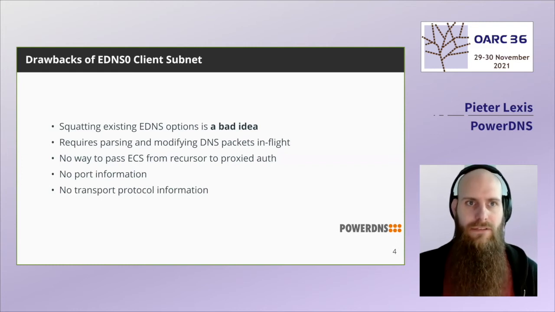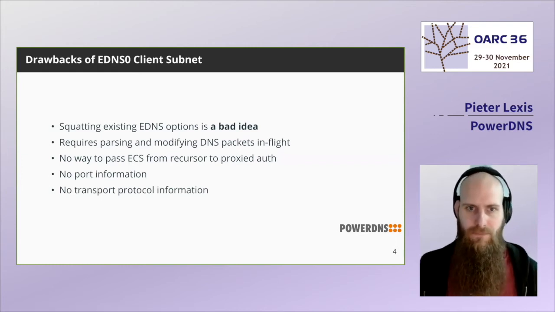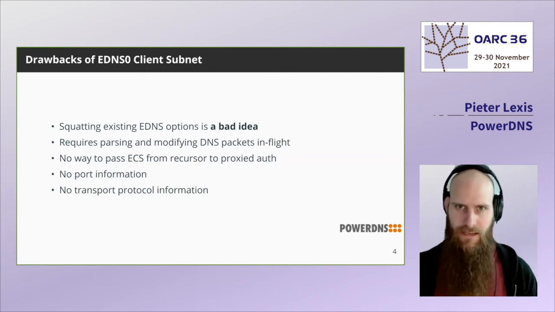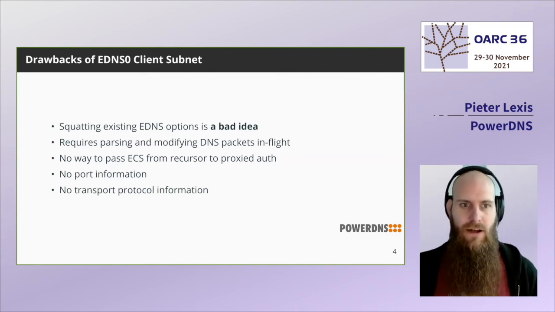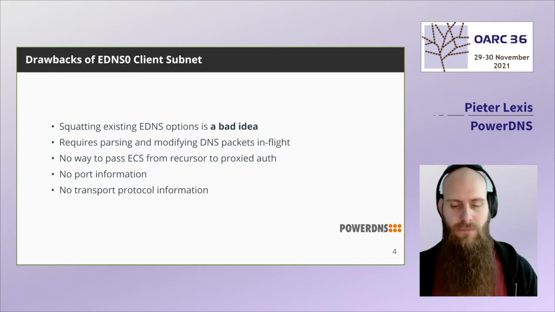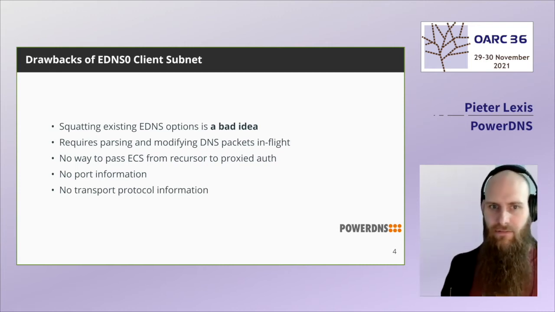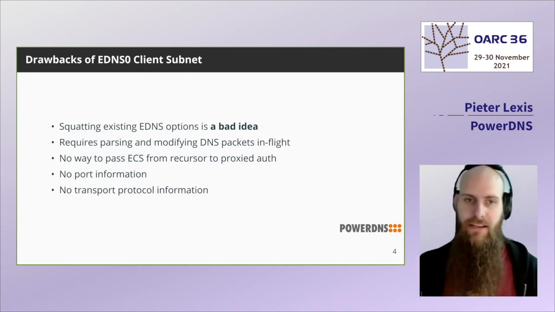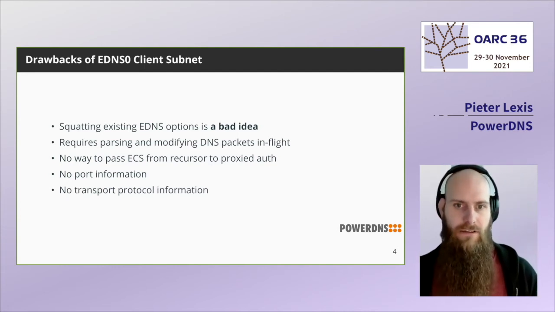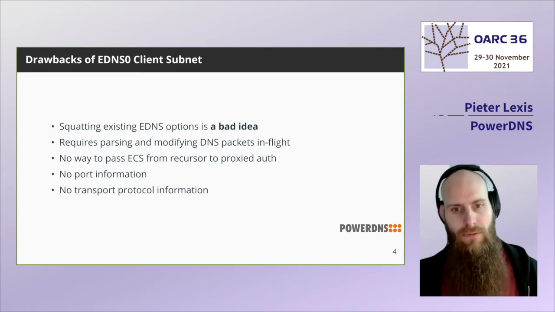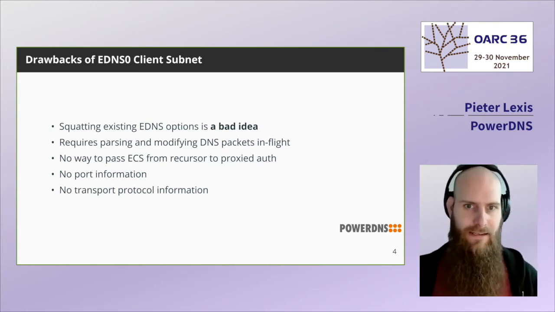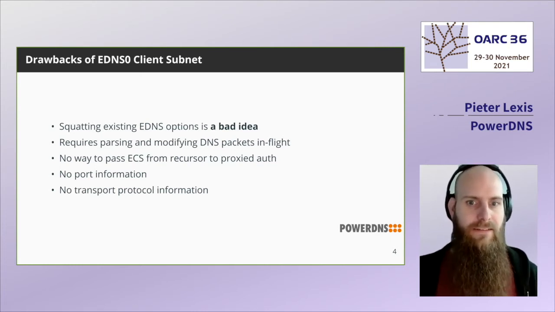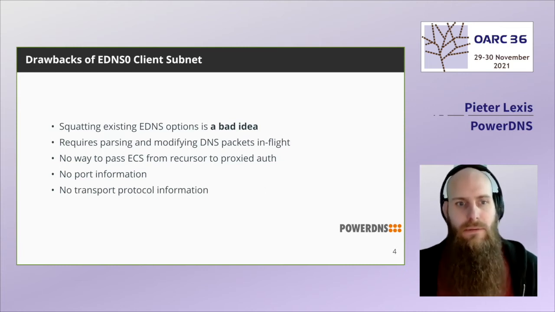One of the drawbacks of using client subnet is that you're squatting on an existing option, which is usually a terrible idea. It also requires the load balancer to parse the DNS packet in flight and modify it, maybe even breaking TSIG, so you would have to strip it out at the backend again, and the backend also has to be modified.